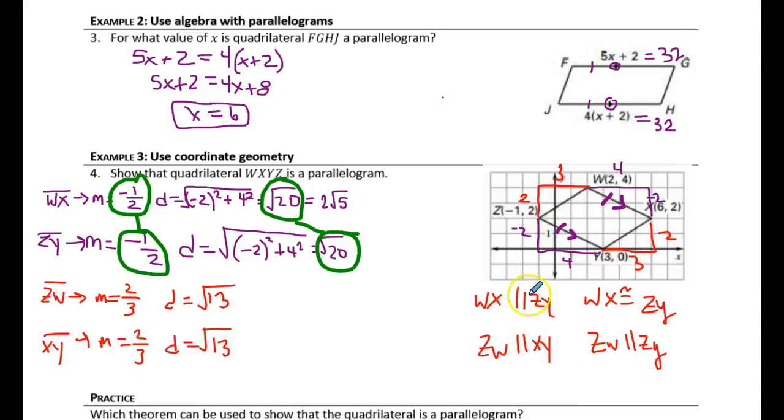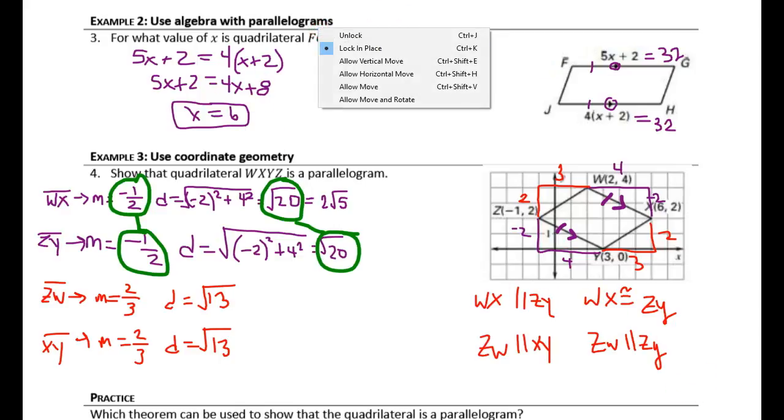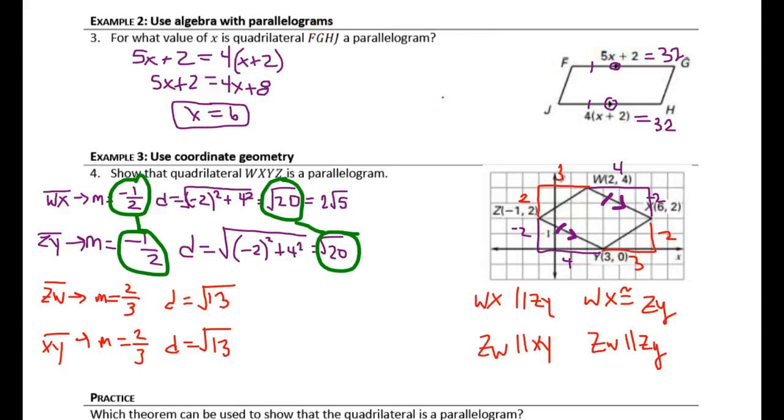So both pairs of opposite sides are parallel, both pairs of opposite sides are congruent. I wrote parallel. If I said parallel, I meant to say congruent.